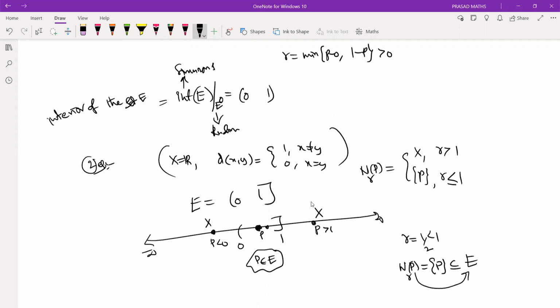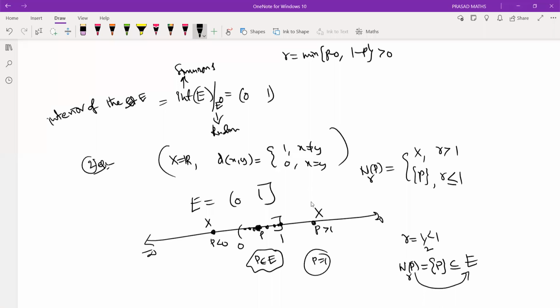This is an interior point because the same neighborhood works. This is an interior point because of the singletons, a neighborhood which is inside the set. Is 1 an interior point of the set? Yes, the same strategy. If you take P equals 1, the same neighborhood works. This is also an interior point because neighborhoods are singletons.